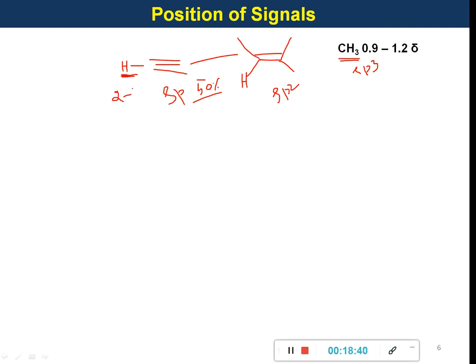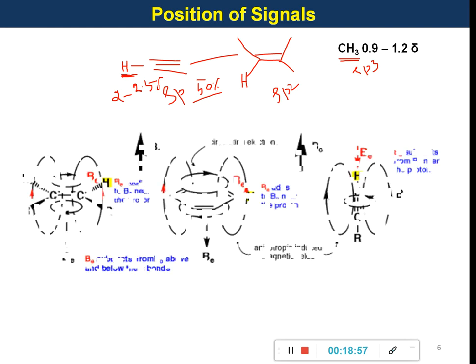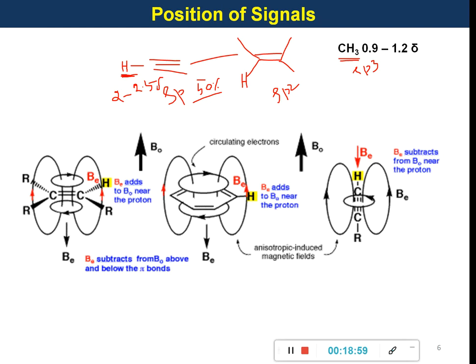The sp hybridized alkyne is observed at 2 to 3.5 delta. So here it looks like it deviates from what we discussed so far. But these values can be justified by looking at the orientation of pi electrons, that is, how the pi electrons circulate under the influence of the applied magnetic field.